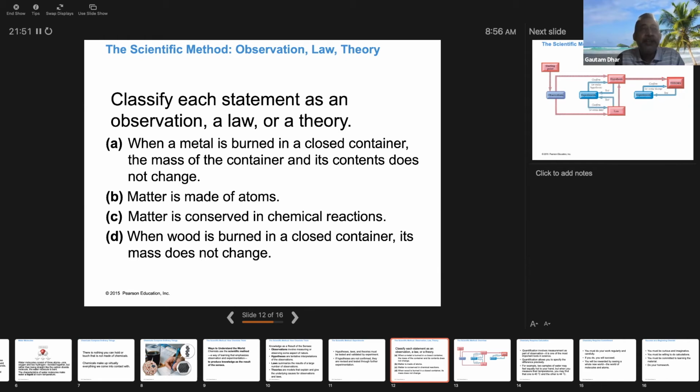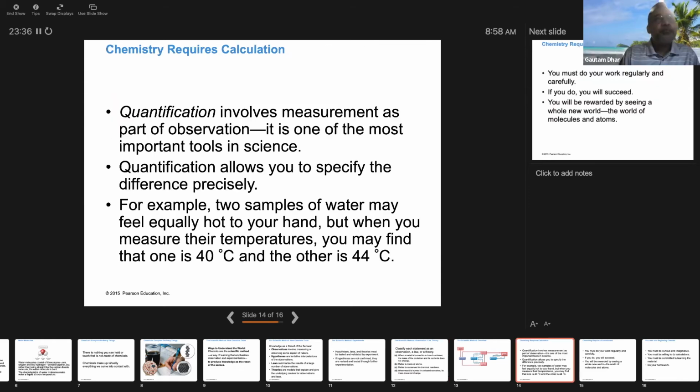So this is basically a theory, and that's Dalton's atomic theory, because Dalton proposed this theory. He never saw atoms. Nobody of us even saw atoms up to this day. But he said that something like atoms should exist if you have to explain the chemical reactions, if you have to explain the laws of conservation of mass, and so matter is made up of atoms. That's a theory.